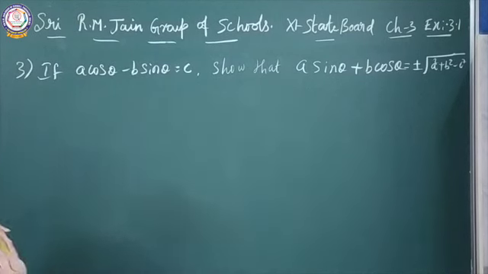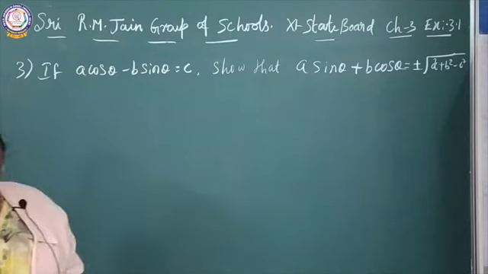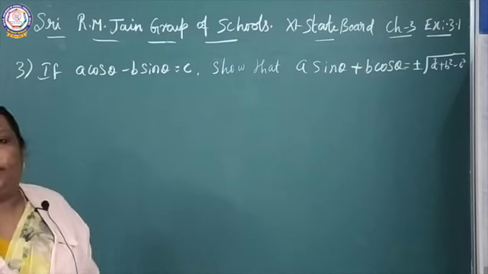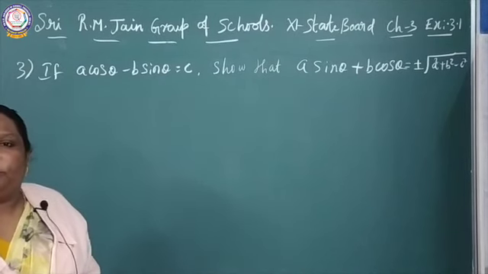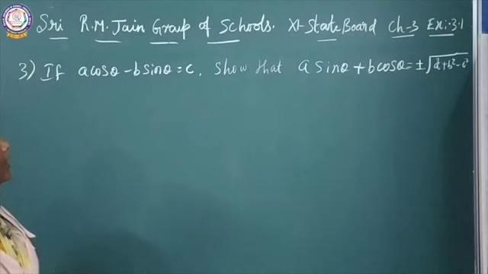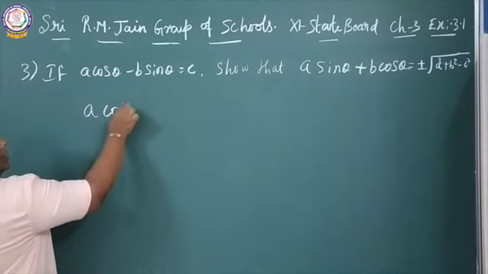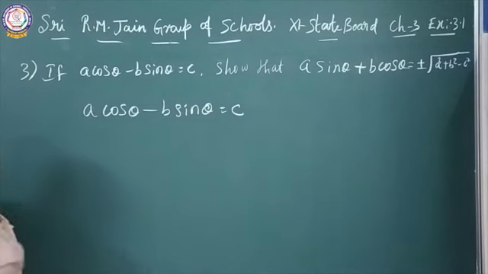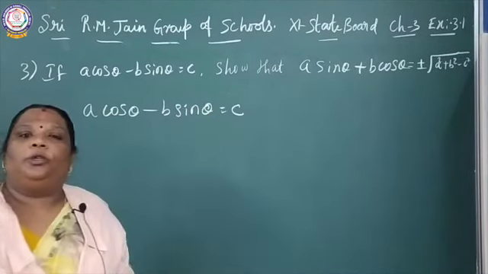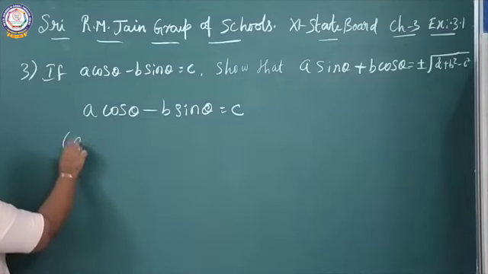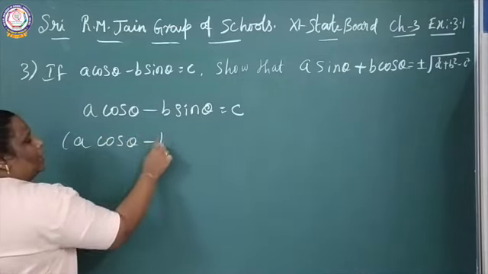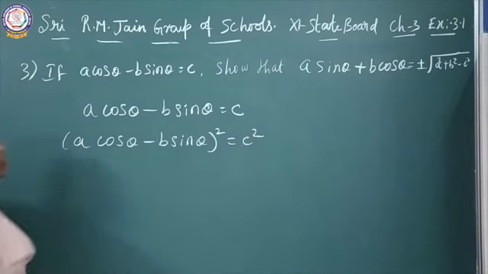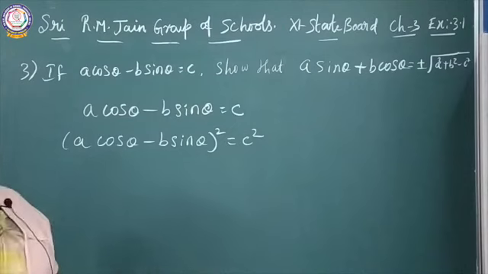See the third sum. If A cos theta minus B sin theta equal to C, show that A sin theta plus B cos theta equal to plus or minus root of A square plus B square minus C square. You can take A cos theta minus B sin theta equal to C. Squaring on both the sides, A cos theta minus B sin theta the whole square equal to C square.